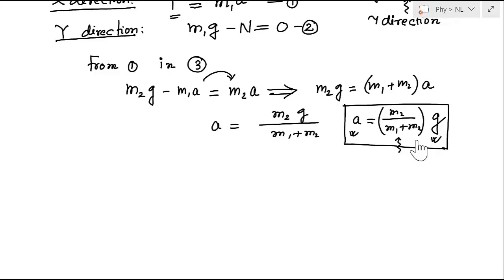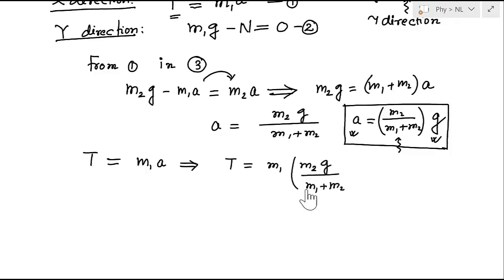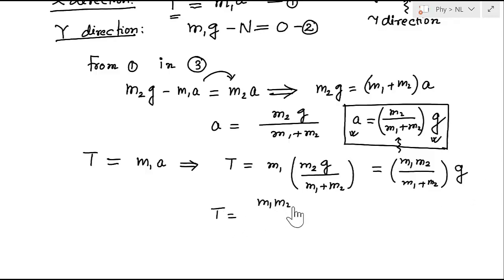Once I know the acceleration, we can also calculate the tension in the string, and tension is m1a as I showed earlier. So I can write T equals m1, and the acceleration we just calculated, that is m2g divided by m1 plus m2. So this becomes m1 m2 divided by m1 plus m2, multiplied by g.